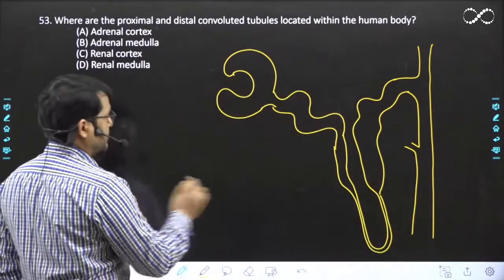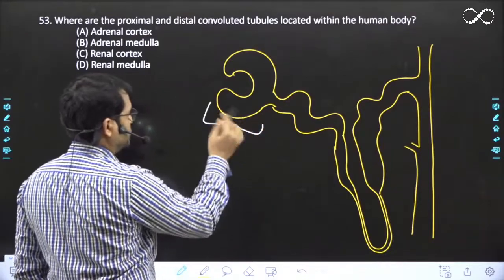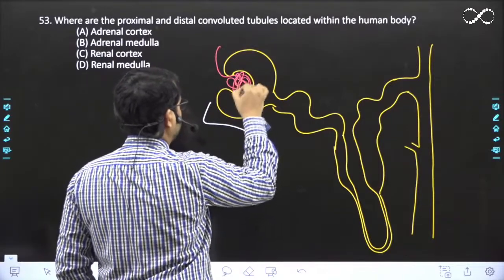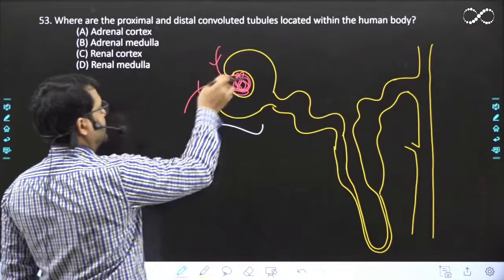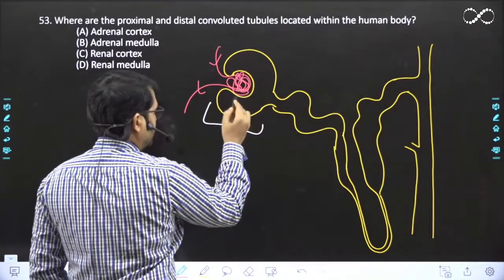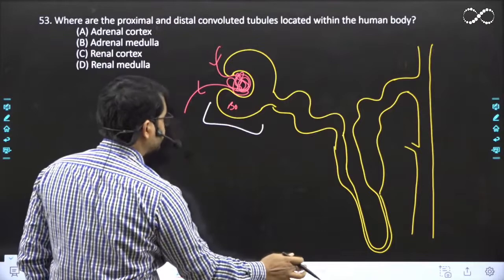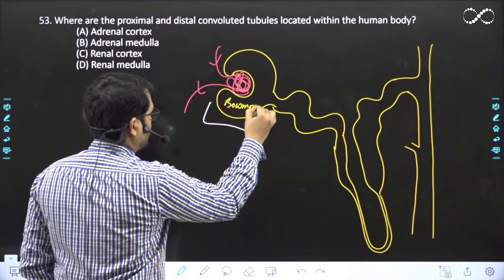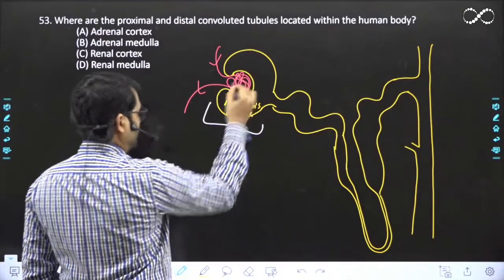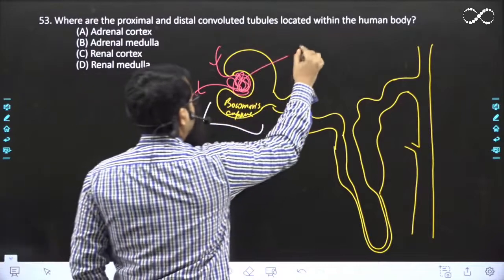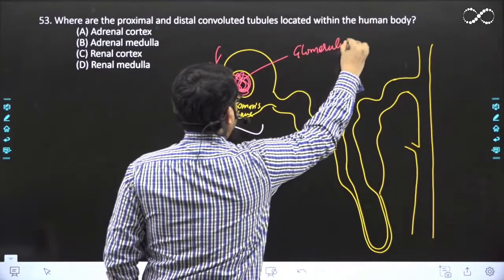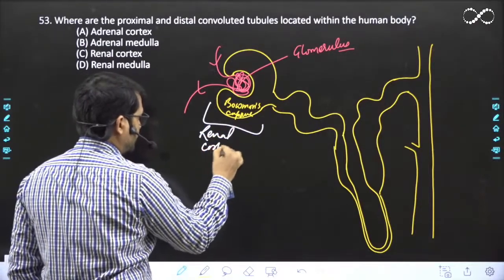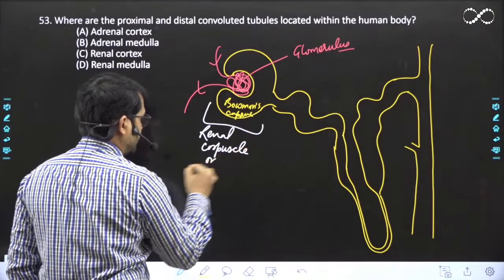And if we look at the different parts of it, this is the Bowman's capsule, okay? And in the Bowman's capsule, there is the afferent arteriole, efferent arteriole, and this is the glomerulus. The red one is the glomerulus. And these two together form the renal corpuscle or the Malpighian body.